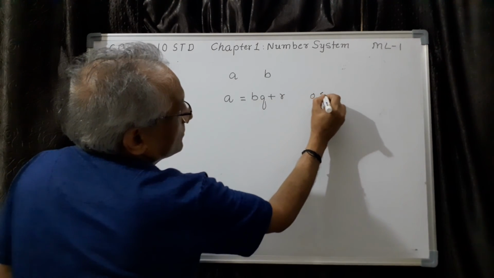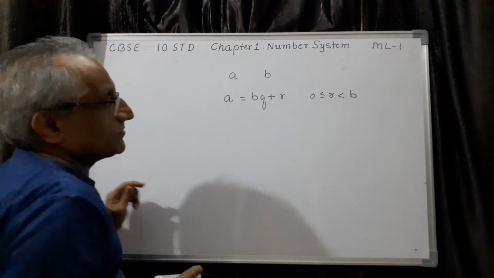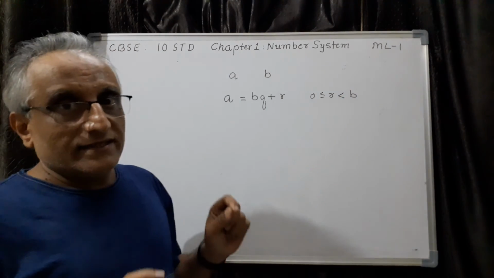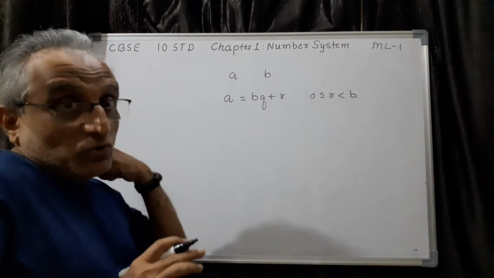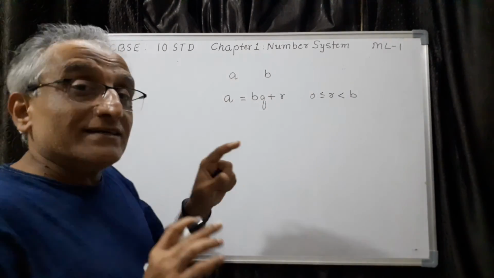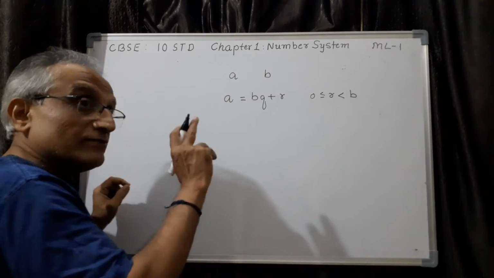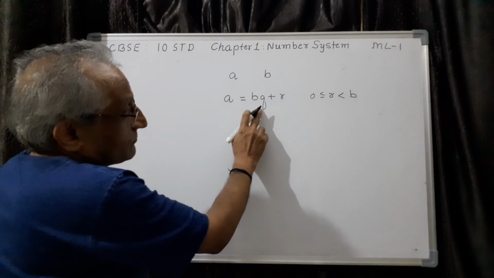It is 0 less than or equal to R less than B. So R cannot be more than B. That is the condition. And I told you whenever you take A and B, A should be more than B, but it is not necessary actually. It can be reverse also. Even then we can do it, because there is no condition for Q.